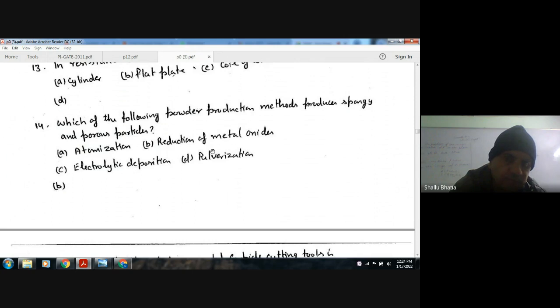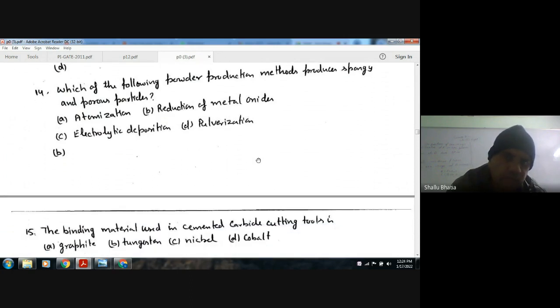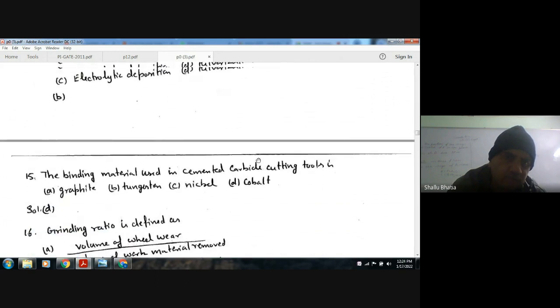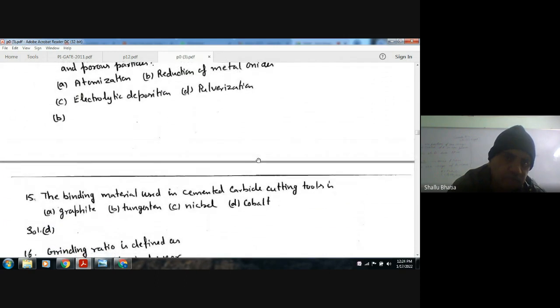Okay, so answer is your B. Reduction of the metal oxide generally produces spongy and porous types of particles. However, powder can also be produced by atomization, electrolytic deposition, and pulverization. But the spongy and porous particles are produced by this reduction of metal oxide. Okay.